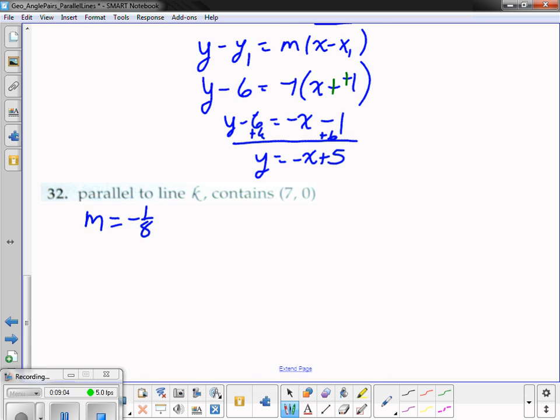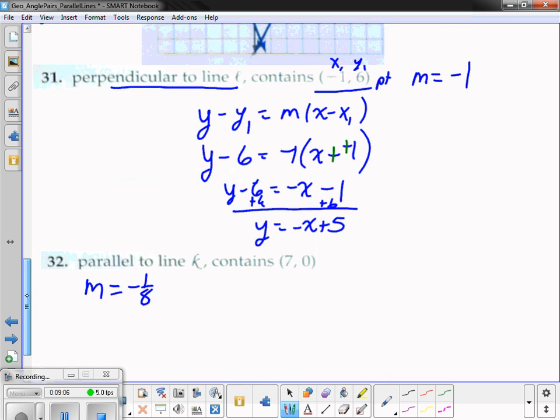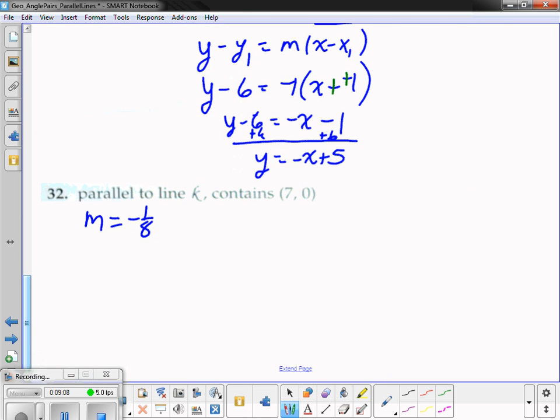It has to be the same as line K. Since it has to be the same, the slope is negative 1/8, and I've got the point 7, 0. So I have my x1 and my y1. So I go to that point-slope form, and I say y minus the y1, 0, equals m, negative 1/8, times x minus the x1, minus 7.